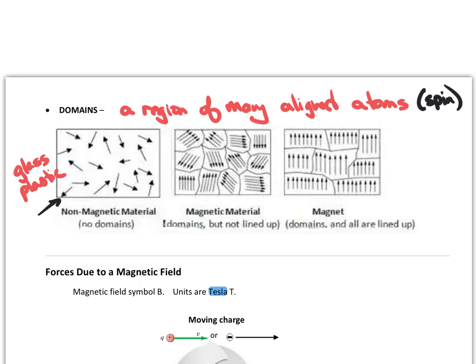Now, this would be a magnetic material, maybe ferromagnetic iron. And there are sub-regions called domains where the atoms within that region will be aligned. Each of these is a little domain, depicted cartoonishly like crystal structures. But if you look carefully, you'll notice that the upper right corner and the bottom left corner cancel each other out, and the upper left and the one below it cancel each other out. So there are domains, but not all the domains are lined up.